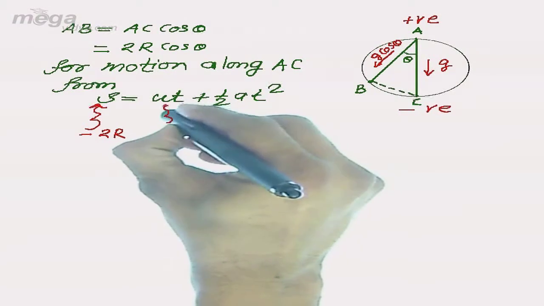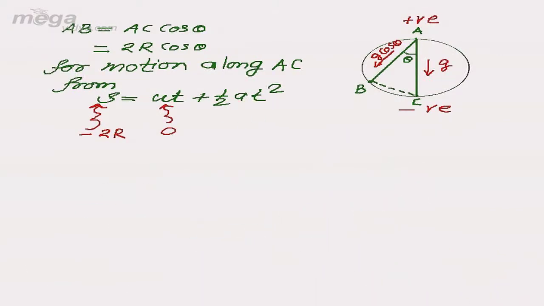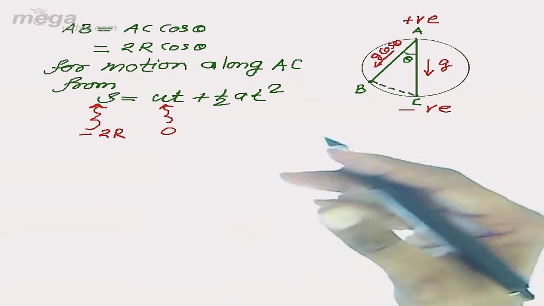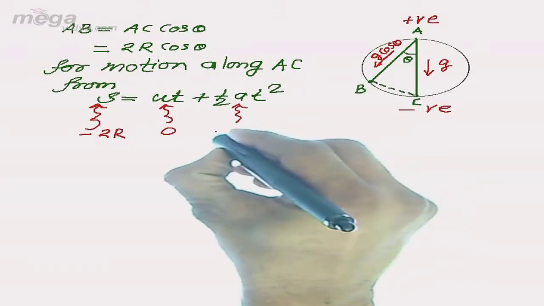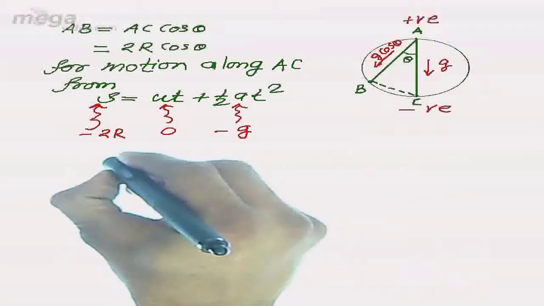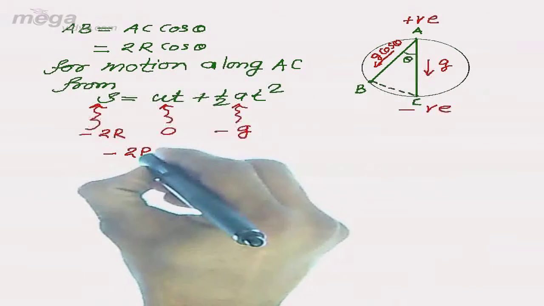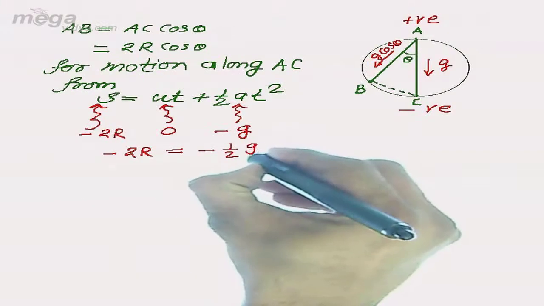Initial velocity is 0 because the particle starts sliding from A itself. Acceleration a can be written as minus g here. So by using this information, we write minus 2r equal to minus half g t square.